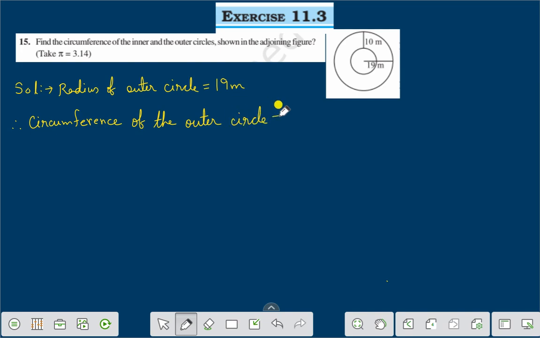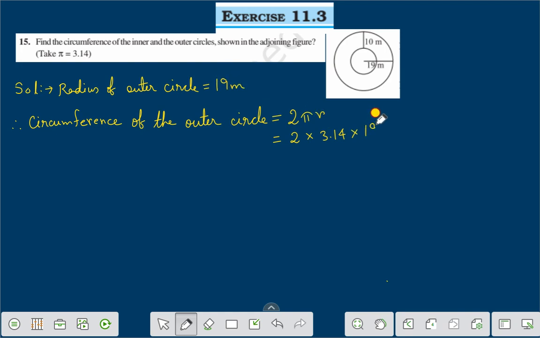Circumference of the outer circle is equal to, we know that circumference of a circle is 2 pi r, that we can write as 2 into pi into r. Take the value of pi as 3.14, and the radius is 19 meter.